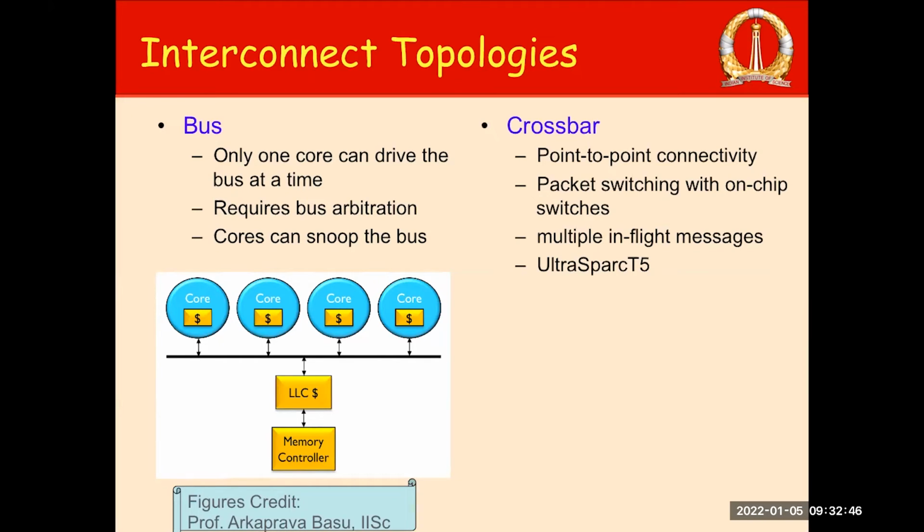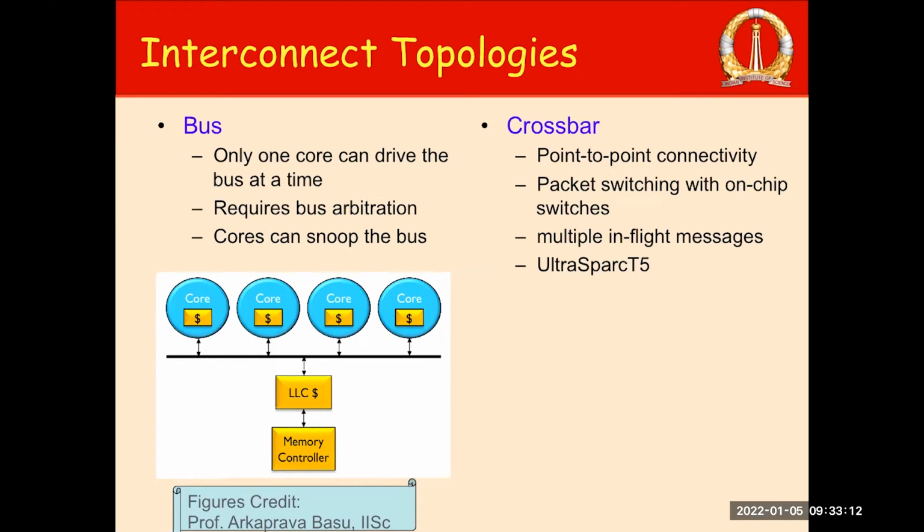There are many switches, and the packet goes from the source to the destination by going through these different switches. This is pretty similar to what you have seen in your networking course. And in many of these point-to-point interconnect topologies, depending on the structure, it could actually support multiple messages in flight.